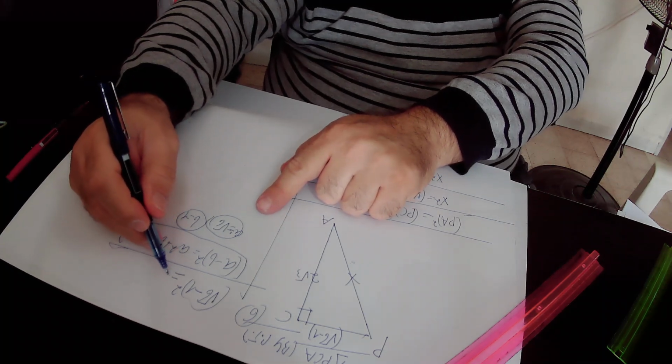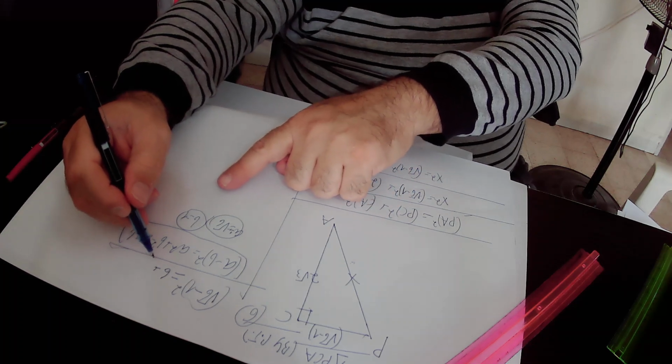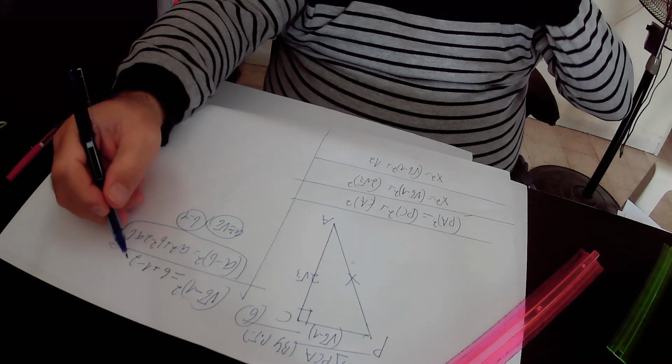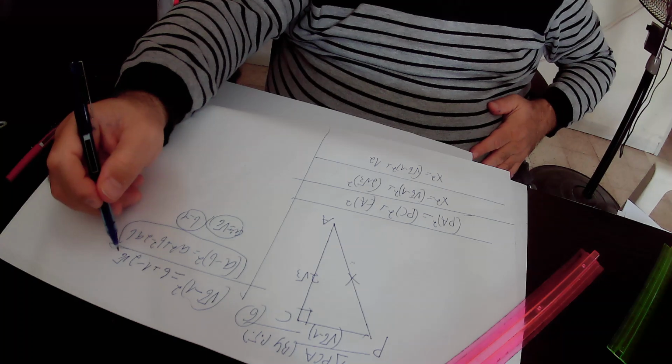Therefore, A square is square root of 6 squared, that is 6, plus B square. B is 1, so B square is 1 squared, that is 1, minus 2 times A, which is square root of 6, times B, that is 1.